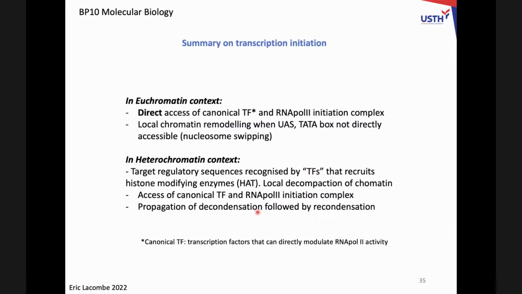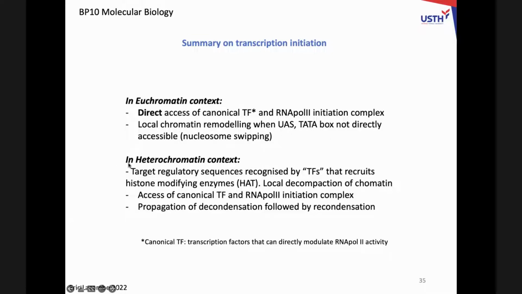Perfect. So we go on a little bit. This is a summary of all what we said now. We're not going to repeat the things. So that's the summary: how transcription initiation can occur in two contexts, euchromatin and heterochromatin. In euchromatin, you know it, there is direct access of transcription factors to Pol2 and local remodeling, like we saw.